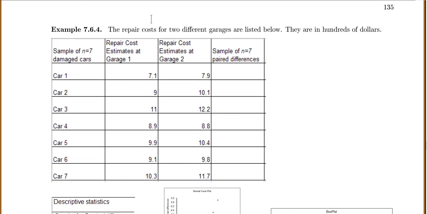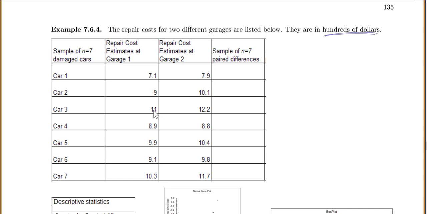So let's try it with our first example of having repair costs for two different garages. So I sent 7 cars to each garage. All of these are in hundreds of dollars. The estimate for Car 1 was $710 at Garage 1 and $790 at Garage 2. For Car 2, it was $900 at Garage 1 and $1,010 at Garage 2.